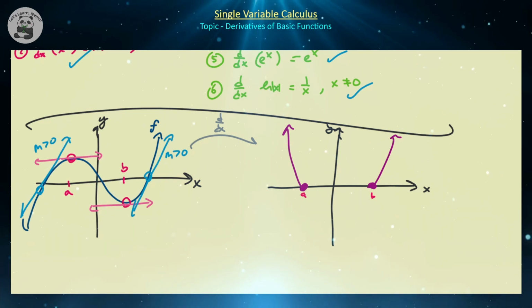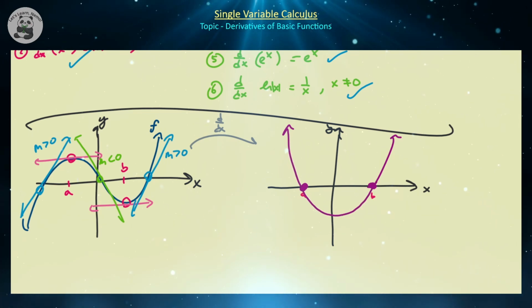And if we choose a point on the interior of a and b, for example, that point at the origin, notice that that slope is going to be negative, i.e. the function is decreasing on that interval. So the curve should be underneath the x-axis to some degree. So if this is f of x, that means this purple graph is the graph of f prime of x. So even if you don't know what the original function is, you can still find the graph of its derivative, provided you have the graph of the original function.